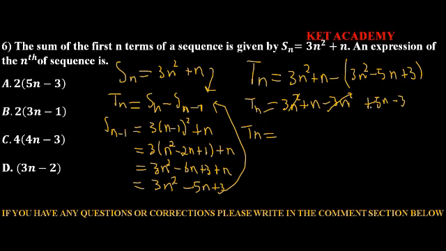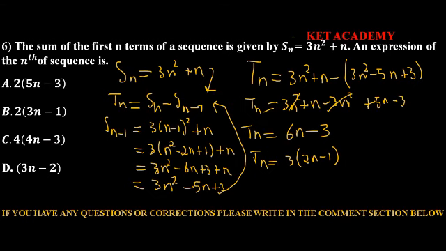We have n plus 5n will give us 6n, 6n minus 3. So from here we can factor out 3. So if we factor out 3, we're going to get Tn equals 3 into 2n minus 1. So this is our correct answer.